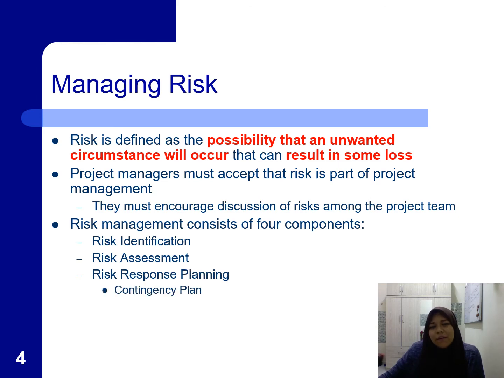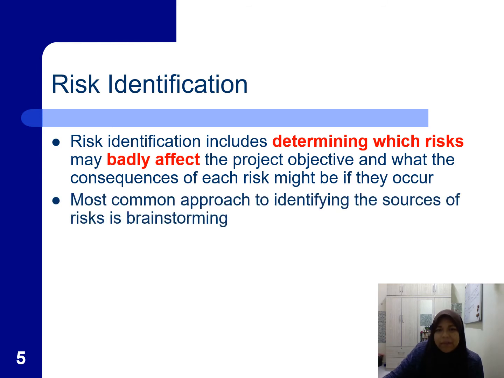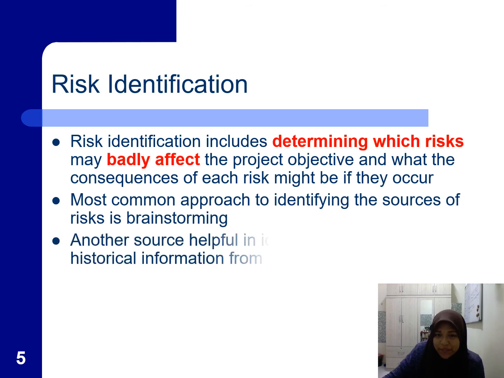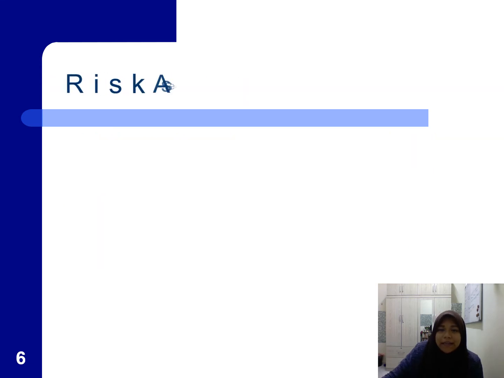So there are four components, which are risk identification, identify first, assess, then you create a risk response plan, and then you monitor it. Identification means you determine which risks might badly affect your project. You can do that by brainstorming with your team, or you can get historical information from past projects.